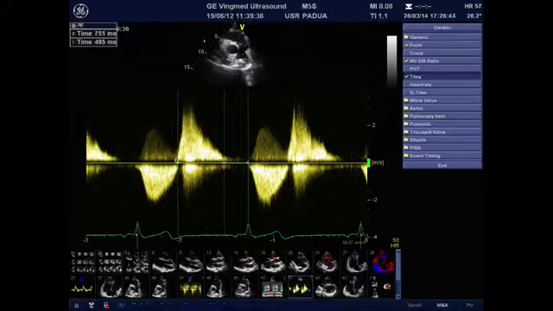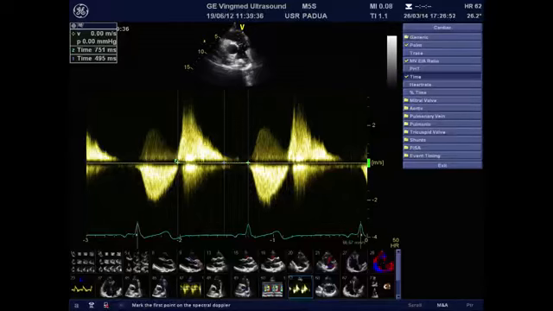If the ratio between the first and the second is less than 77%, it is specific for severe pulmonary regurgitation. However, it must be said that the duration and the length of the pulmonary regurgitation is not only influenced by the severity of the regurgitation, but also by the diastolic properties of the right ventricle and also by the pulmonary pressures. So this sometimes may be misleading.